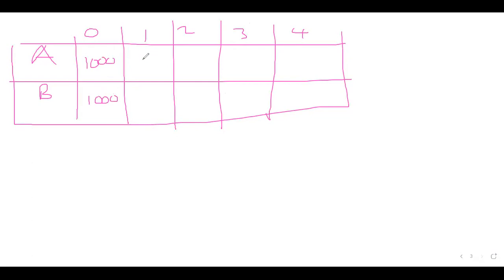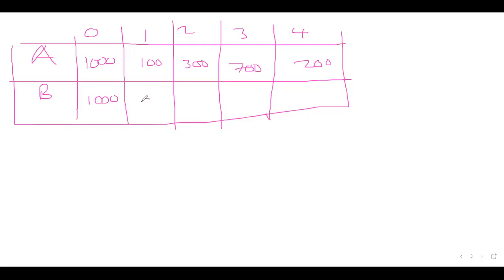So here we have maybe 100, we have 300, we have 700, and we have 200.